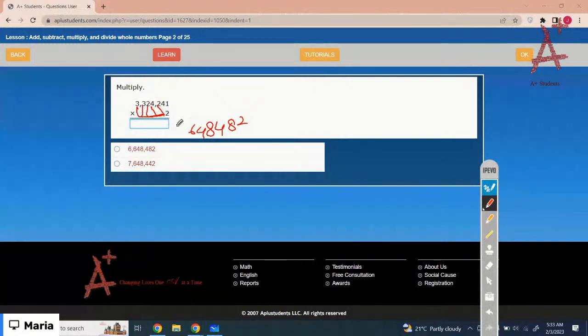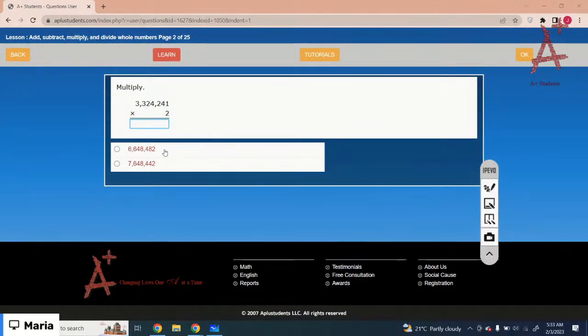And 2 times 3 is 6. Isn't it? So which option is the correct one? That is very simple multiplication. You have to multiply by 2, just one digit multiplication. You don't have any carry in this one. Got it? So option number 1 is the correct option. Just select the correct option and click on the OK button.